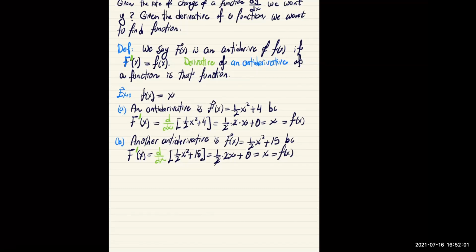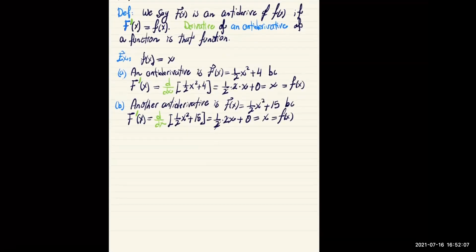As you see, there are multiple antiderivatives. This number could be anything. I could have any constant as a term for this antiderivative, and the derivative of that constant is always 0.